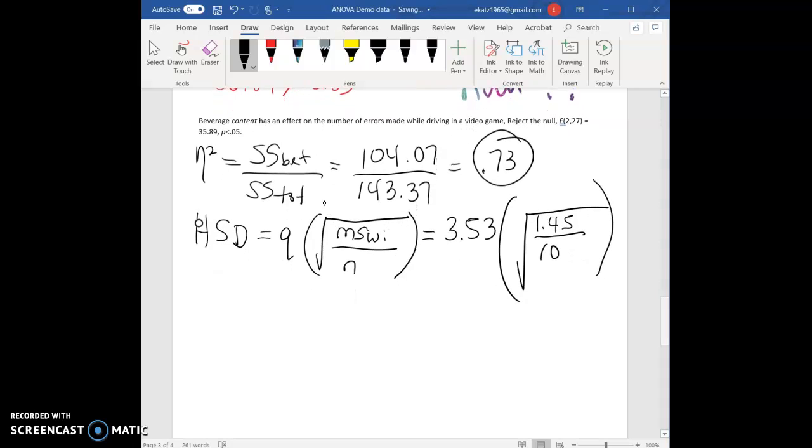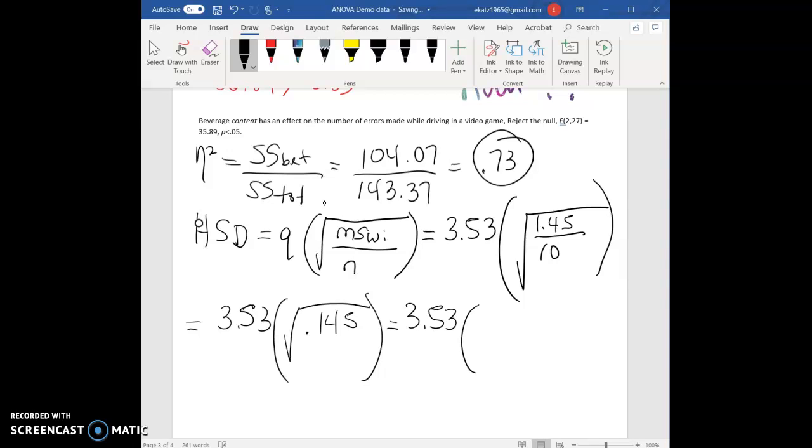All right, so we're going to say 3.53 times the square root of 0.145, and that's going to be equal to 3.53 times 0.381, and that's going to give us an HSD, an honestly significant difference, of 1.34.